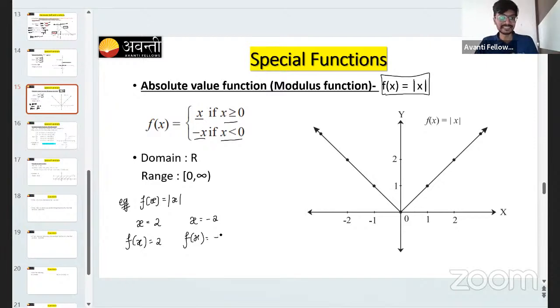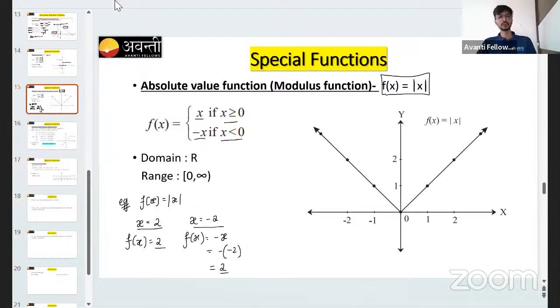So minus x, that is minus of minus 2, which equals plus 2. So this means that whatever input I give, my output will always be positive. If I give a positive input, the output is positive. If I give a negative input, the output is again positive. So this is the main logic behind the modulus function. It just says that whatever input you give, the output will always be positive.